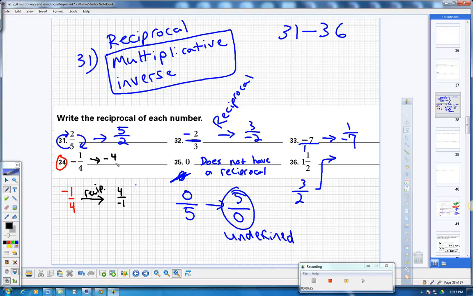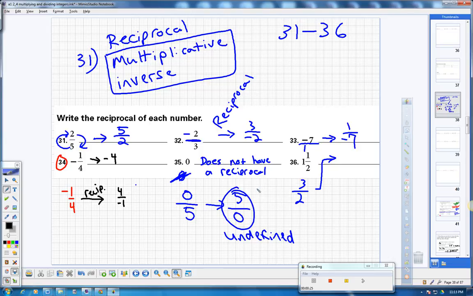Alright, so multiplicative inverses really aren't that tough. It's the same thing as a reciprocal. 0 does not have a reciprocal, so if you were asked to find the reciprocal of 0, that does not exist because you are not allowed to divide by 0. I know that you know that.